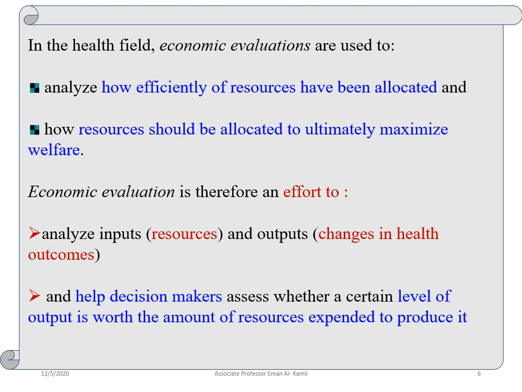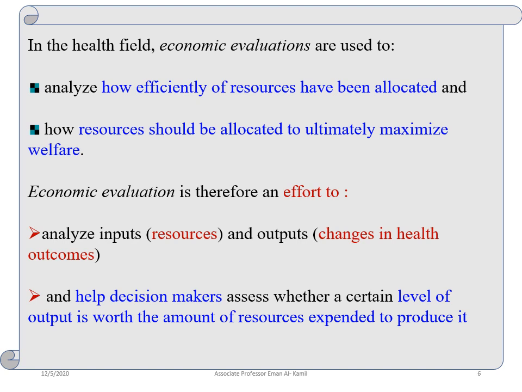We have limited resources and we have a large, uncountable number of programs, and we have to choose the programs or the alternative according to the resources, and it should be allocated to ultimately maximize the welfare. Always we use the resources by maximizing the benefit or the welfare of the people and allocating the resources efficiently.